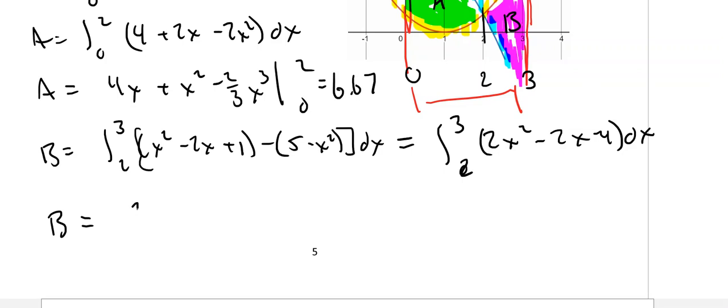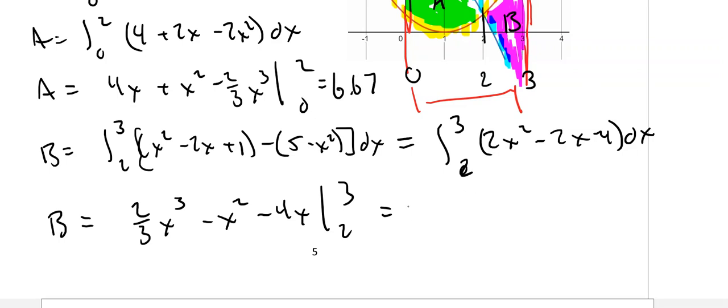And then integrating that, you're going to have B is equal to 2x cubed over 3, or 2/3 x cubed, minus 2x squared over 2, which would be minus x squared, minus 4x. Evaluated from 2 to 3, and again using Desmos, that looks like it's going to end up being equal to 3.667.